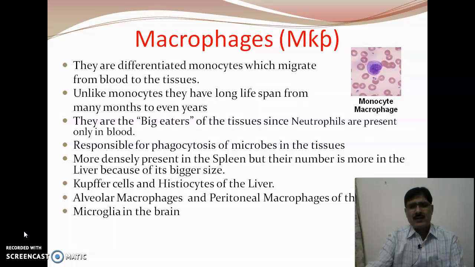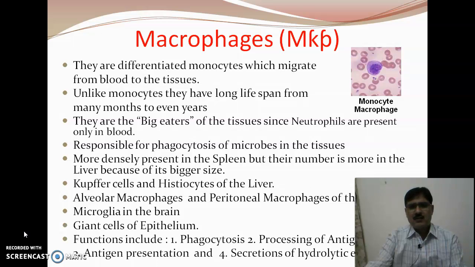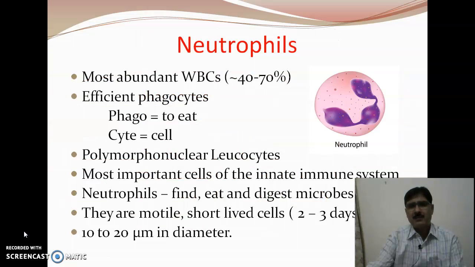The microglia in the brain are also examples of macrophages. Giant cells of epithelium are also macrophages. So the functions of macrophages include phagocytosis, processing of the antigen, presentation of antigen, and lastly they are responsible for secretion of certain hydrolytic enzymes.